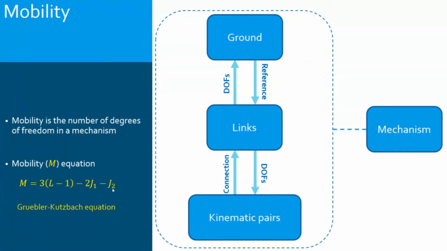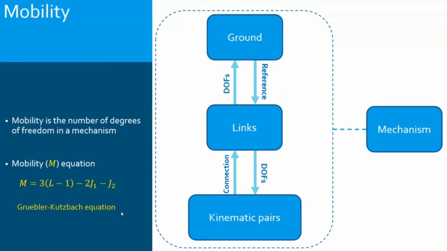This is the mobility equation, also called the Grübler-Kutzbach equation. It was first established by Grübler and then modified. The one presented here is the one established by Kutzbach. The one of Grübler uses half joints, because higher pairs are sometimes considered as half joints.